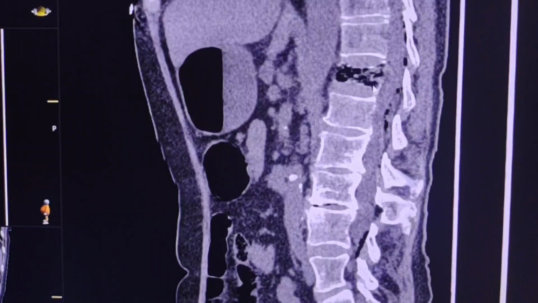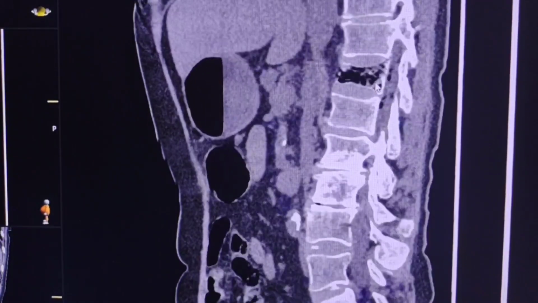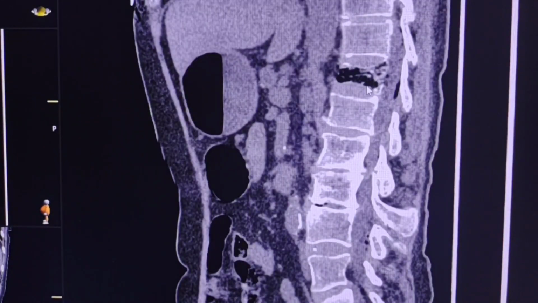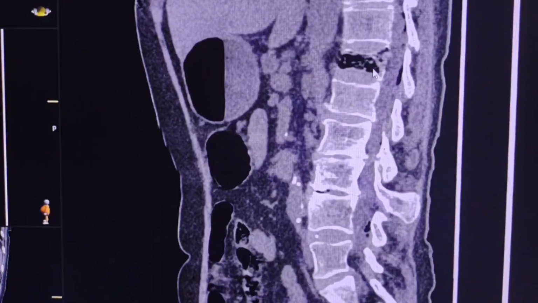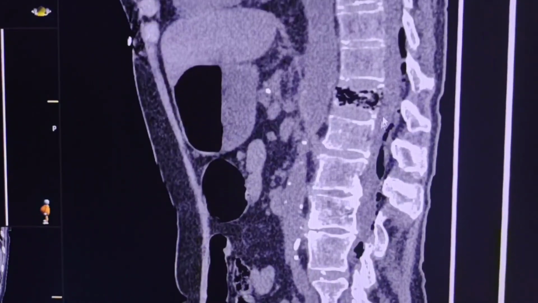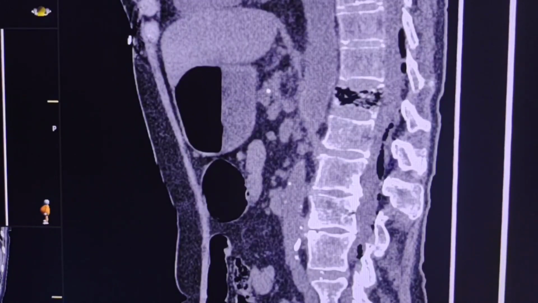Here is the sagittal view. We can see that there is significant loss of height of the T12 vertebral body, and we can also see the intracanal gas bubbles, which extend beyond the field of view.